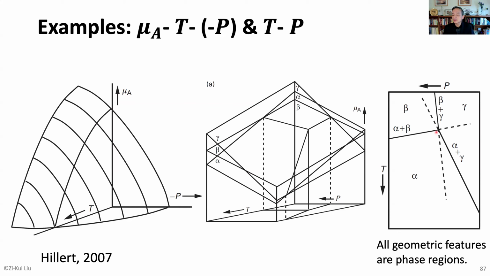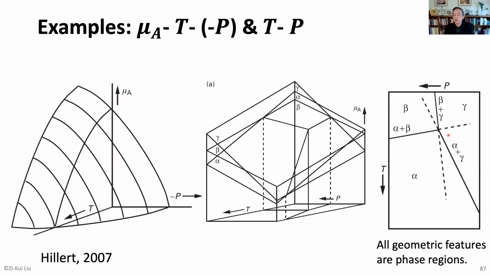Now you see you have three-phase equilibrium. That's the point: alpha, beta, gamma, three-phase equilibrium. And you can talk about the metastable extension of this two-phase region. Of course, many rules, like the 180-degree rule, come out naturally with the computation.